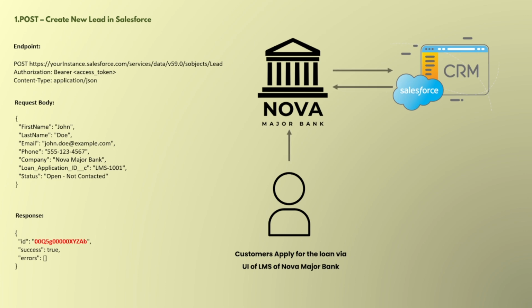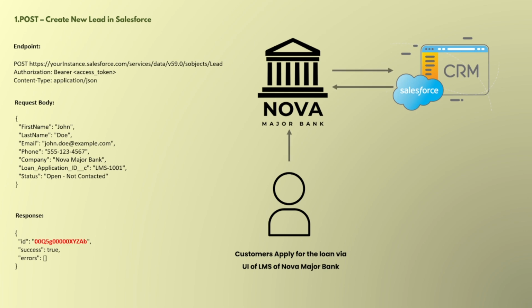Along with that, the request body means something is sent as data to the customer relationship management system: first name, last name, email, phone, company, loan application ID, then status. All this data, which is now written in the Noah Major Bank software, is going to the customer relationship management software, which is another system. The request body is nothing but a way of communicating with each other. In this way they communicate with Salesforce.